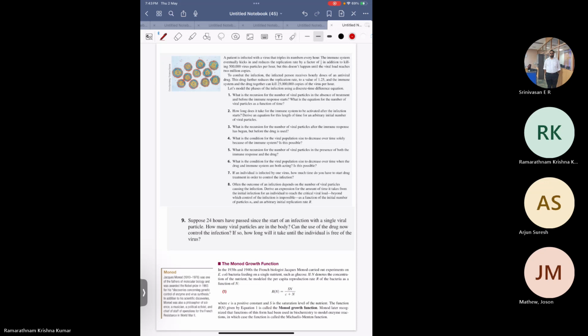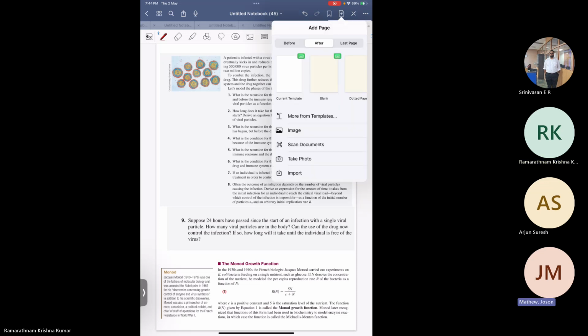What is the recursion for the number of viral particles in the absence of treatment and before the immune response starts? What is the equation for the number of viruses? That's the first question. Can you attempt? Would it be 3 raised to x?